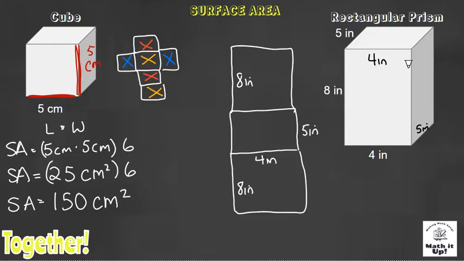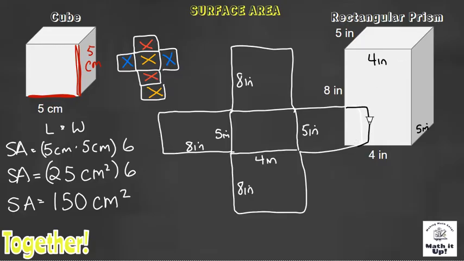And then coming out this way and this way, we have another 8 inches. But this is going to be 5 inches here. The same is going to be true here. But this is 8 inches by that 5 inches.